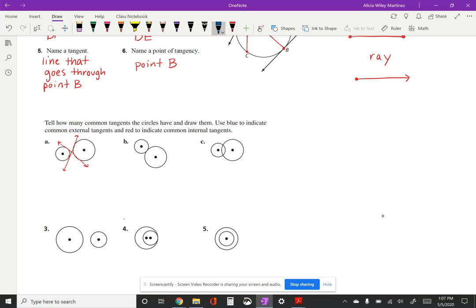I could draw another tangent on the outside that looks like that. And I can draw another tangent on the outside here that looks like this. So this has 4 common tangents.